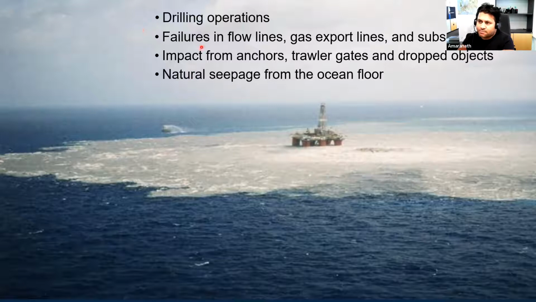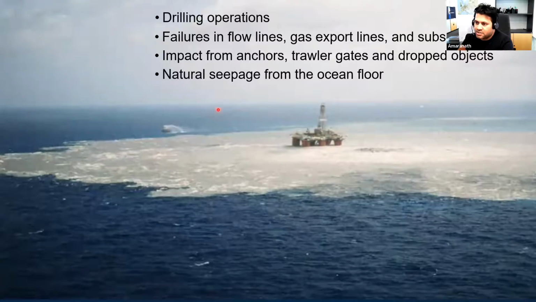But when it comes to point releases like drilling blowouts and subsea flow lines, that can give you quite dangerous situations because of the high gas concentrations and ignition sources that you can have on topside process platforms, or for example ships that cross those gas releases.